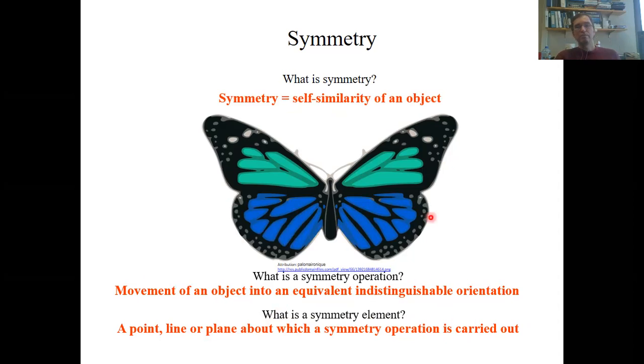So, for instance, here within the butterfly, we have a so-called mirror plane, which bisects this butterfly into two parts. And then if we carry out the symmetry operation associated with the mirror plane, then we just mirror the left part of the butterfly to the right side and the right part of the butterfly to the left side. So in the following, let us go systematically through all the possible symmetry operations and all the possible symmetry elements that can exist in an object.